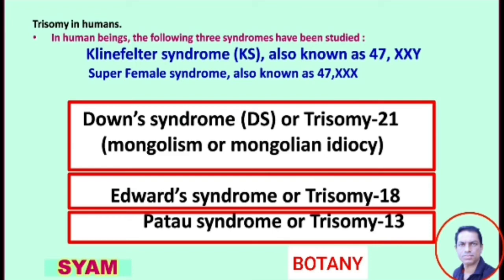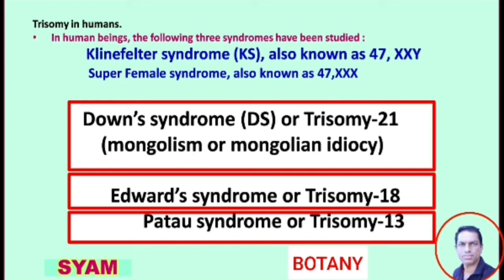The trisomy of 18, the 18th somatic chromosome, is known as Edwards syndrome. Trisomy 13 is Patau's syndrome.